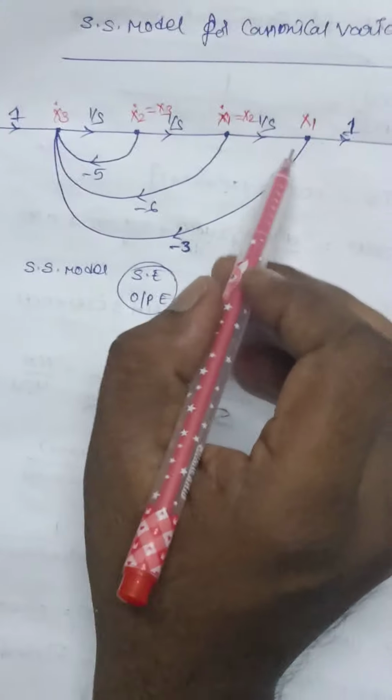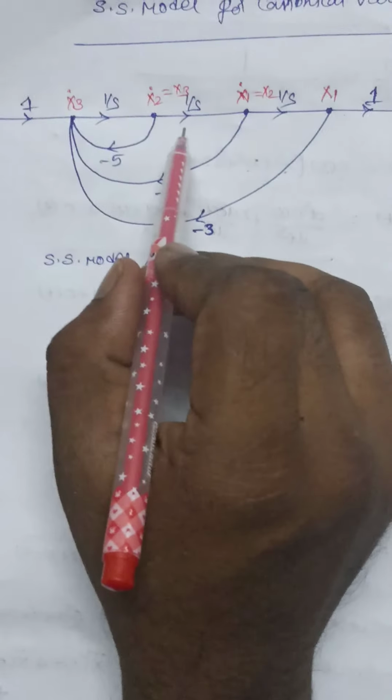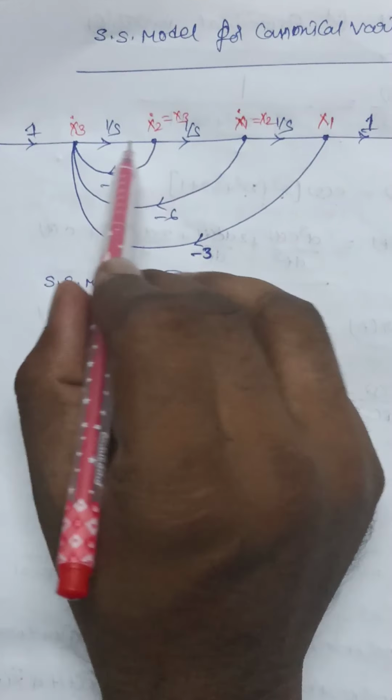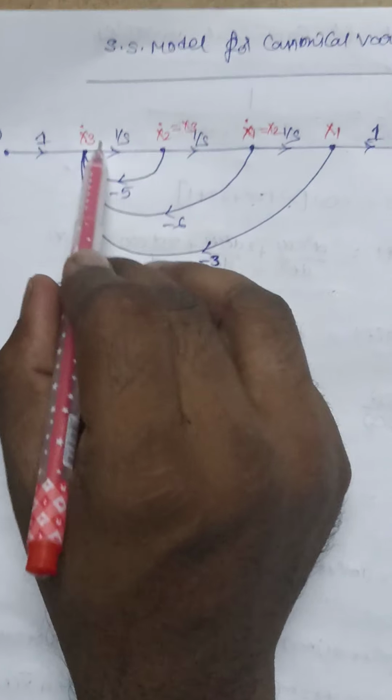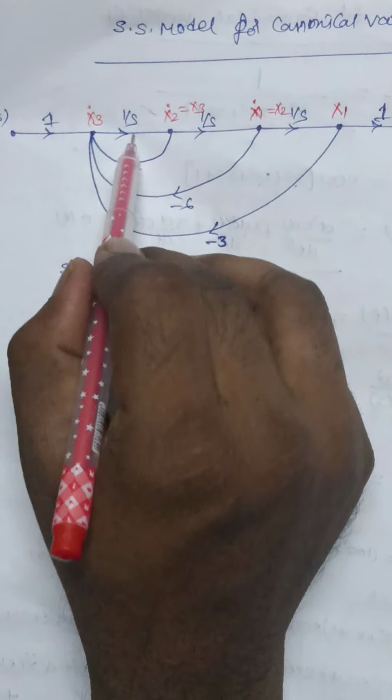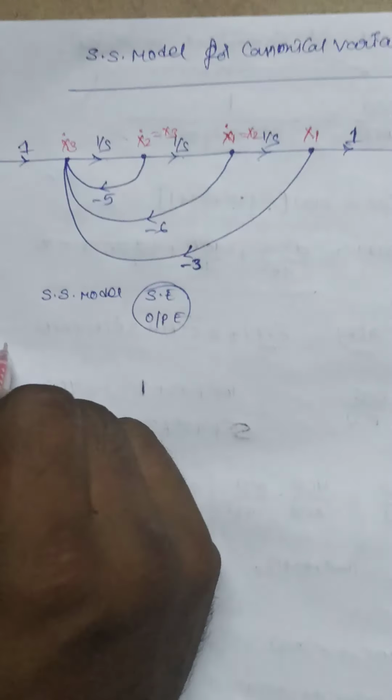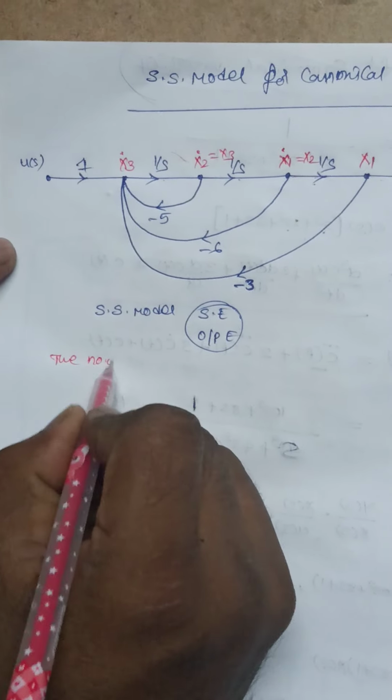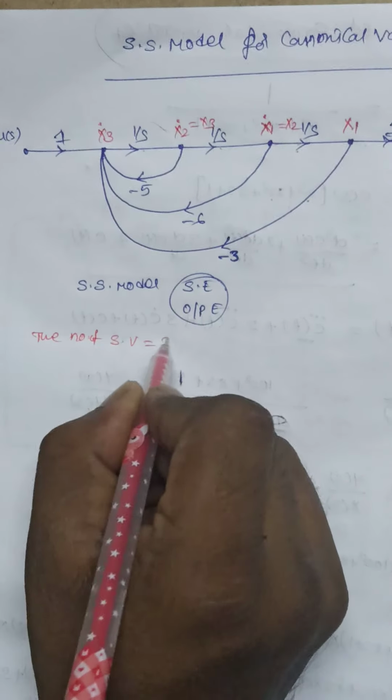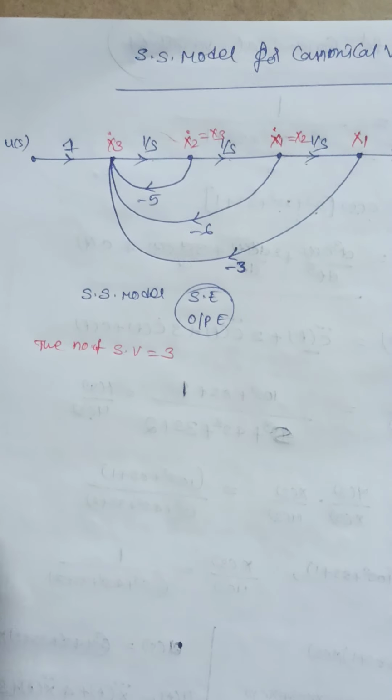Now there are three state variables. The number of state variables is equal to the number of integrators present in the signal flow graph. Integrators are nothing but 1 by s terms. There are 1, 2, 3, three 1 by s terms present here. So the number of state variables here is 3.